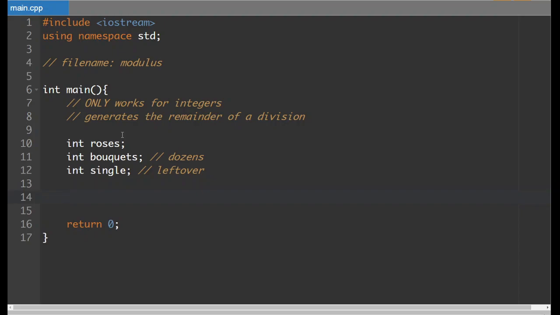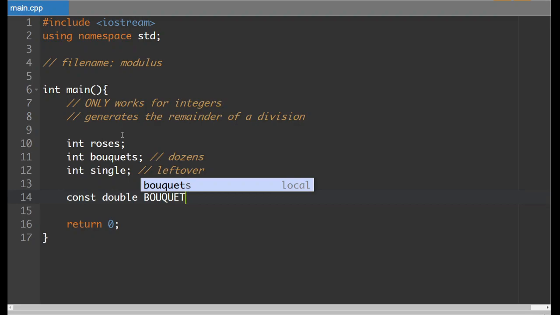And then what we're going to do is we'll figure out, okay, well, how much is all of this going to cost? So now a bouquet of roses, sorry, I'm going to represent this differently, is going to cost well over $75 when it is close to Valentine's Day. So that's what I'm going to represent here. So for that, this will be our known value. So const double bouquet.